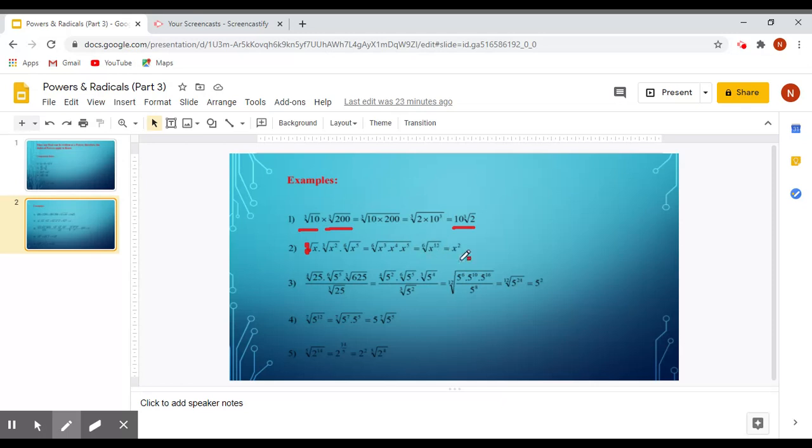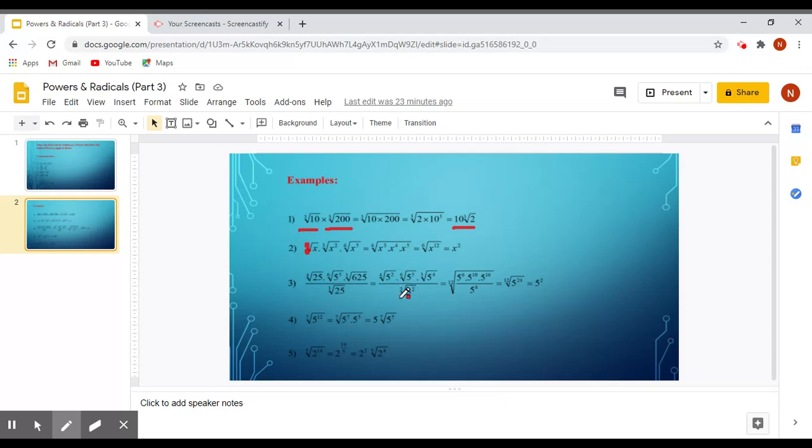Now 12 over 6 is x to the 2. Here again we have different roots. 25, I can write it as 5 to the 2 under the 4th root. Here I leave it 5 to the 5 under the 6th root, and 625 I can rewrite it as 5 to the 4 under the cube root, and the 25 I can write it as 5 squared under the 3rd root.